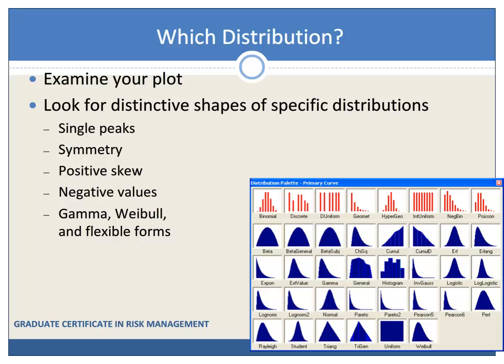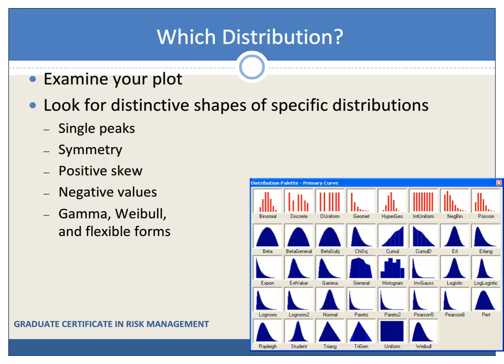Here are a few of the distributions that come from the @Risk palette that we've seen before. And what you want to do when you look at your data is look for distinctive shapes of some specific distributions. For example, do your data have a single peak or is it a double peak like we just saw with the Old Faithful data?